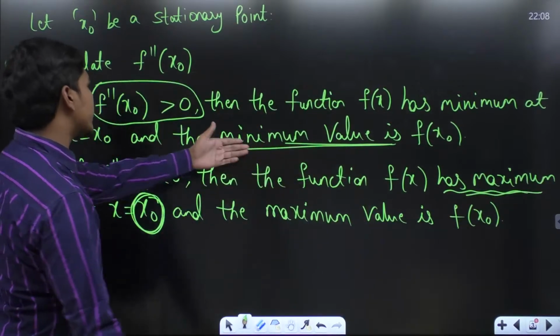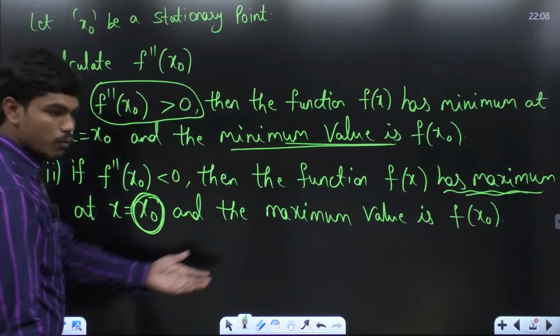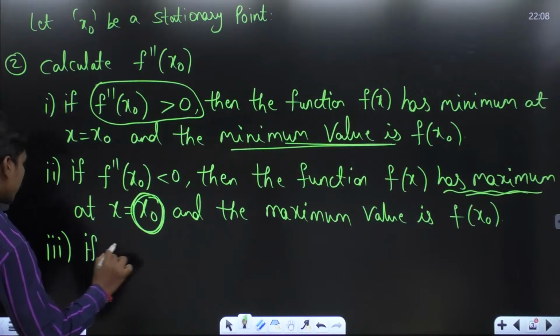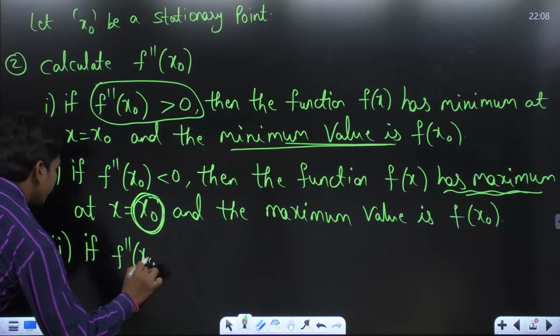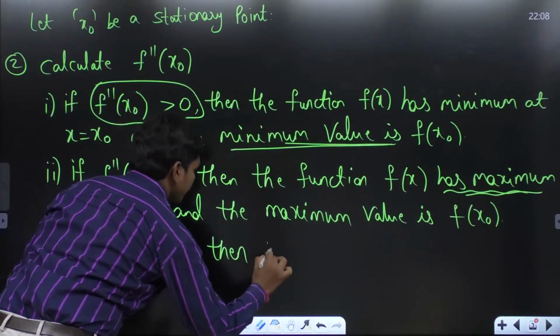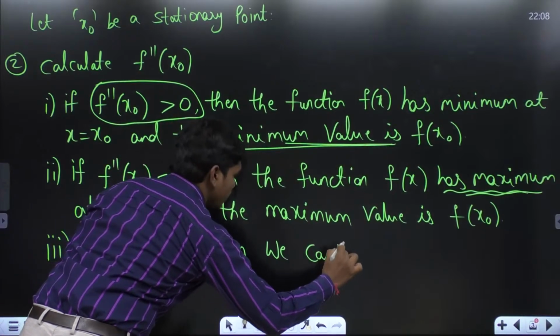Okay, so we have done with two cases, greater than 0 and less than 0. Now what's left with us? We have a third case when this double derivative is equal to 0. If f double dash of x naught is equal to 0, then we can't comment on maximum or minimum.